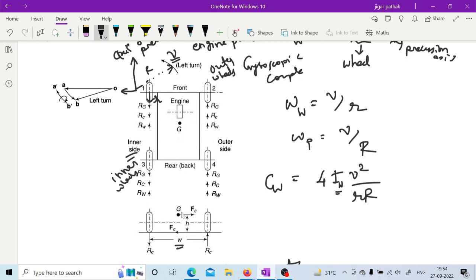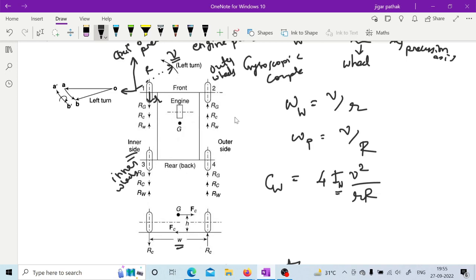Because of this gyroscopic couple, on the outer side a particular force which is generating this gyroscopic couple will be acting downwards on the outer wheel.